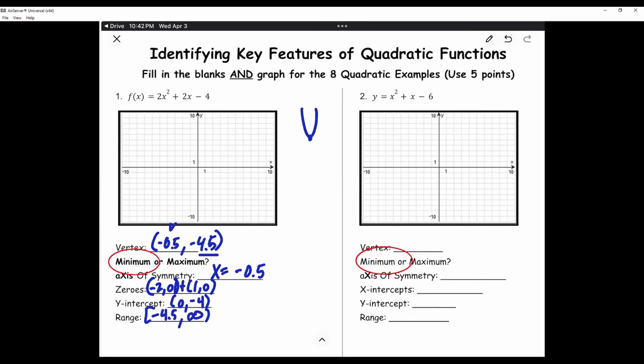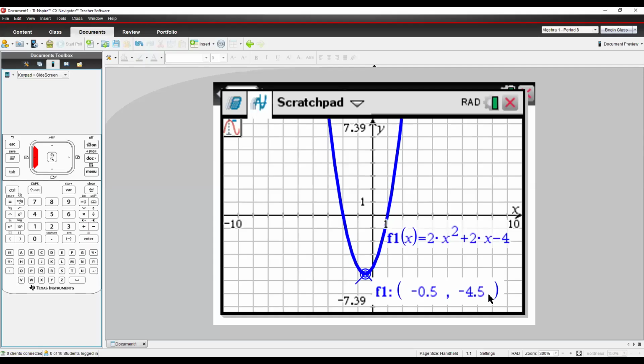So if I go back to the graph and look at it, you can see that the bottom is a negative 4.5. And when you're doing the range, you want the y values. Remember that. So it starts at a negative 4.5. And as you guys know, when it goes off the screen, that means it's going to infinity. Got it?